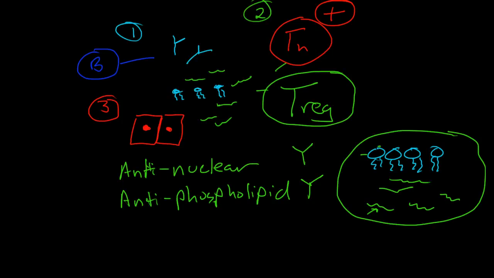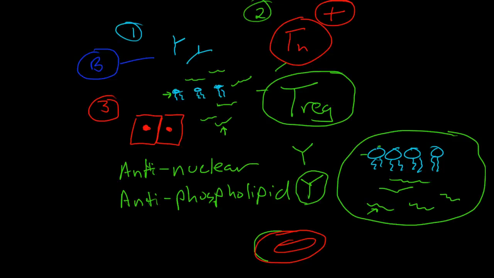So we can have problems in microvasculature where we have immunoglobulins that are attacking either free phospholipids or free nucleic acids, or the nucleic acids on red blood cells, or it can directly attack the kidneys.